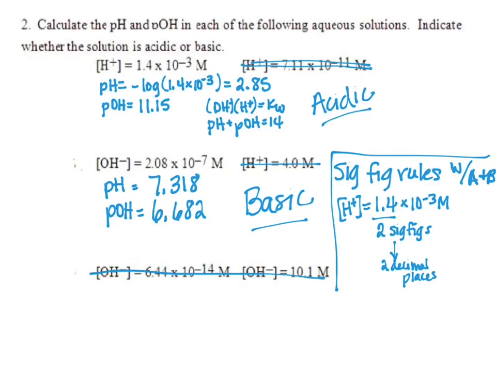So if you go back over here, we had 3 significant figures, so we went 3 decimal places in our pH and our pOH. And when you're working back the other way and you have a pH that has 7.318, 3 decimal places, remember your answer has to go to 3 sig figs.